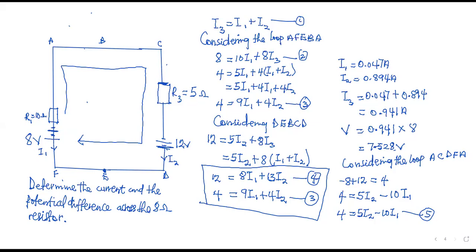Sir, please, I'm not getting the same answers for I1 and I2. Which equation did you pick? So I had the same equations you had for 4 and 3. So you use equation what and what? 4 and 3.